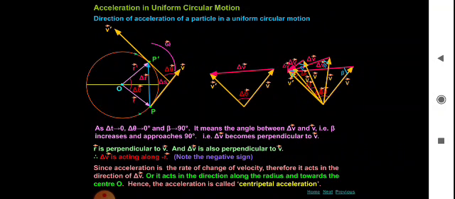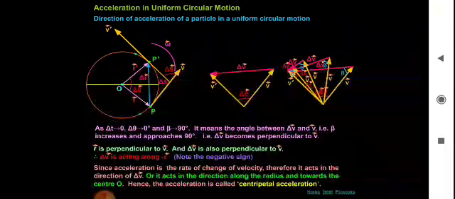Here the diagram indicates an object moving with uniform speed v in a circle of radius r, as shown in the figure. Since the velocity of the object is changing continuously in direction, the object undergoes acceleration. Let the object move from P to P dash in a time interval delta t. The vector r is perpendicular to v and delta v is also perpendicular to v.